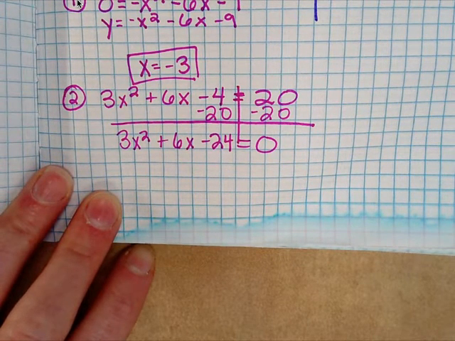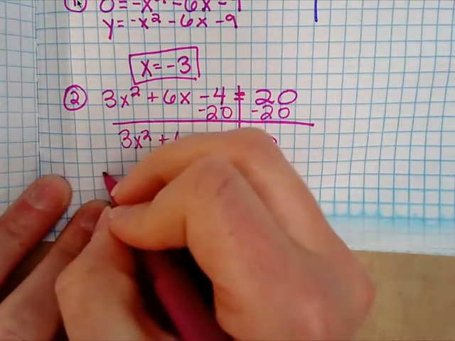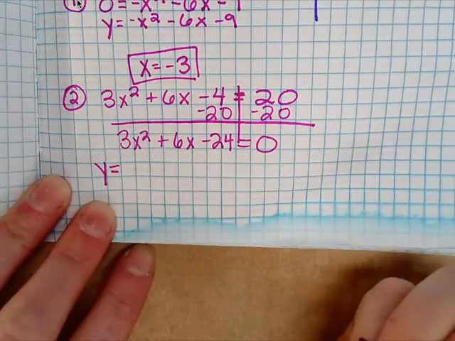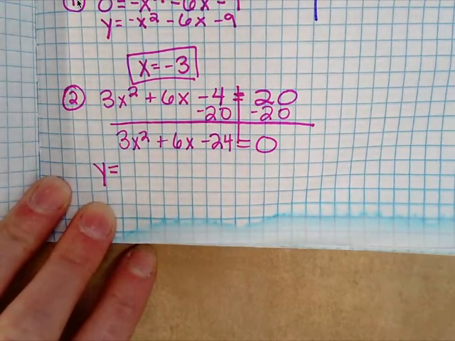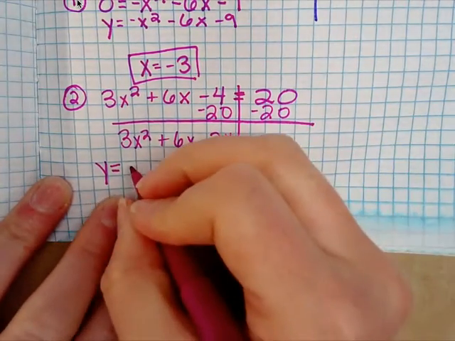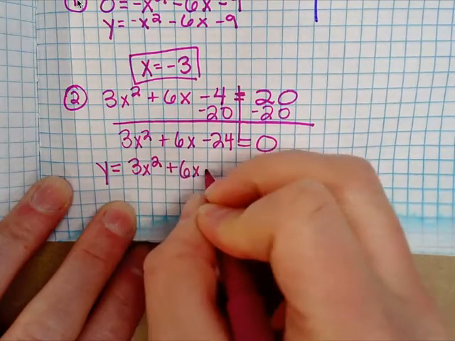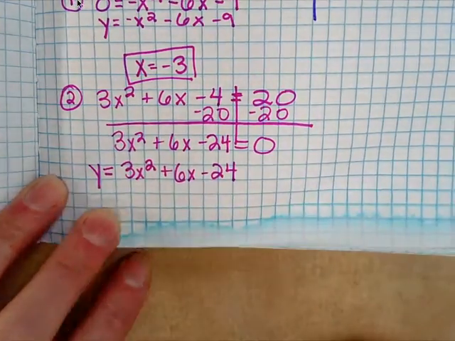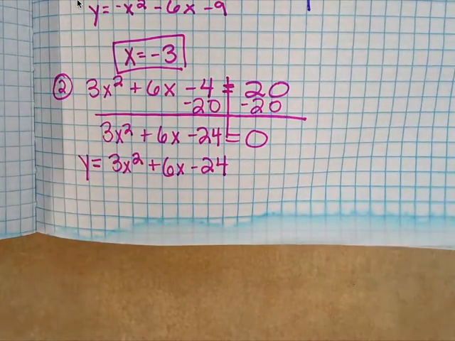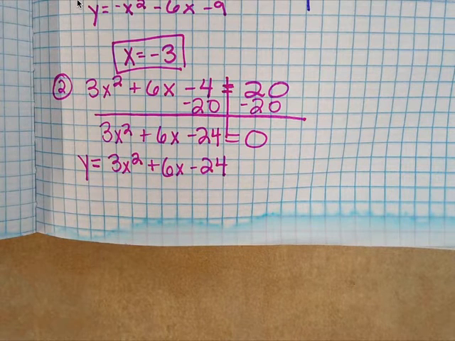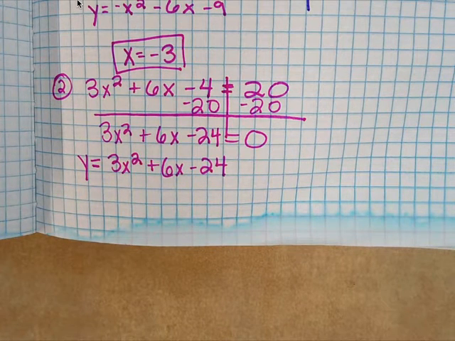Step 2, replace the 0 with y. So I'm just going to put y up front. I switched them around just so it says y equals 3x² plus 6x minus 24. What's our y-intercept going to be? -24.